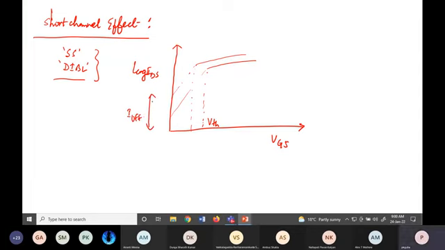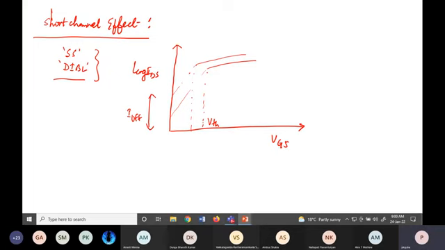This is what we just now discussed. Now the thing is, in short channel effect, this I off becomes all the more problematic.